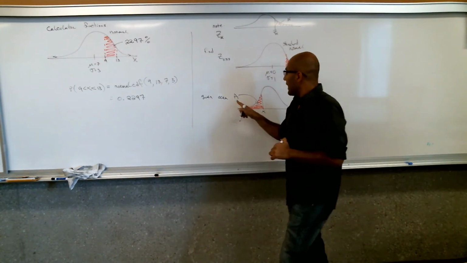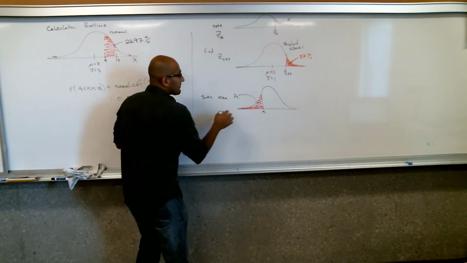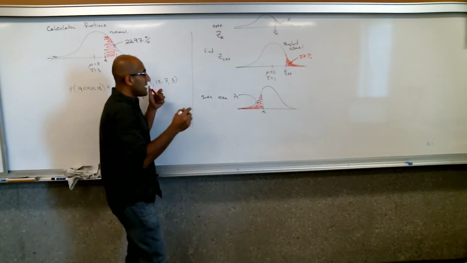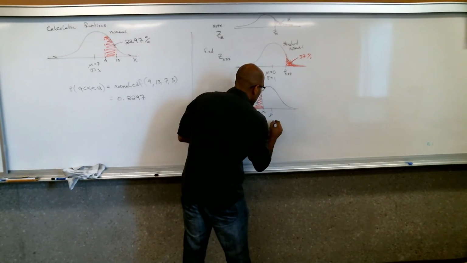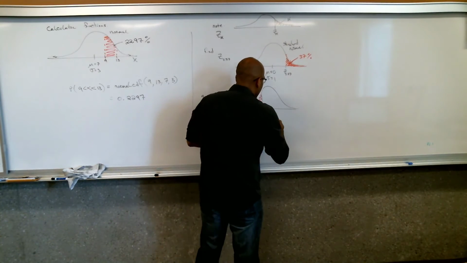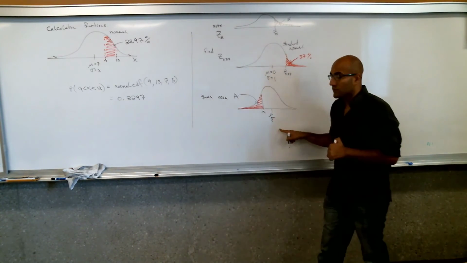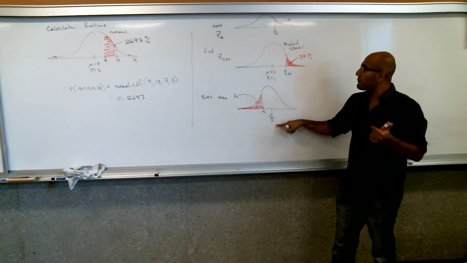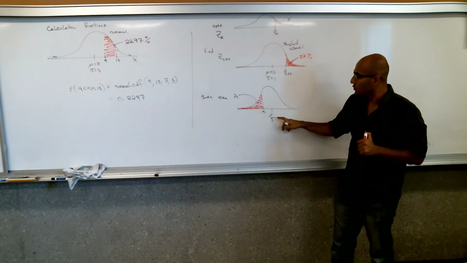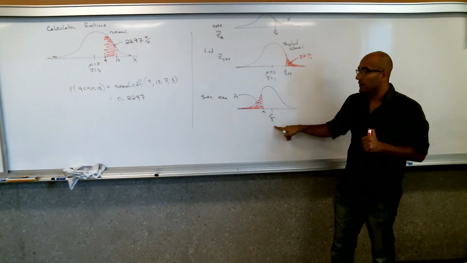The distribution doesn't have to be the standard normal; it could be any normal distribution with a given mean and sigma. For the standard normal, mu is 0 and sigma is 1.